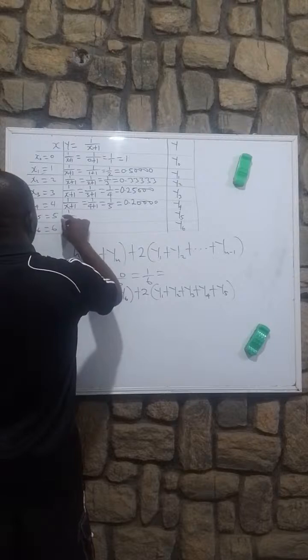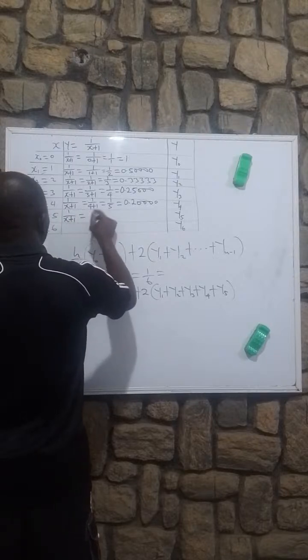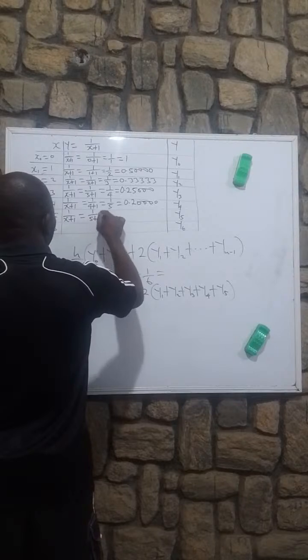1 all over x plus 1 equals 1 all over 5 plus 1.